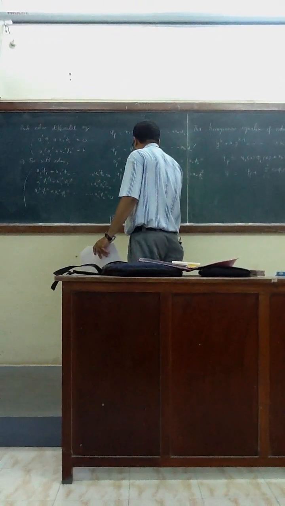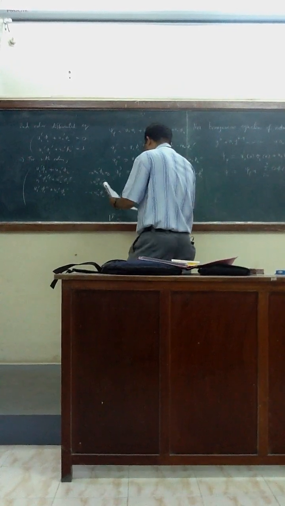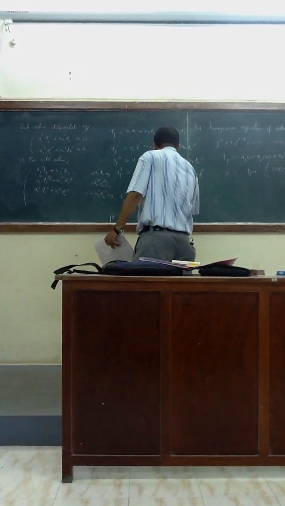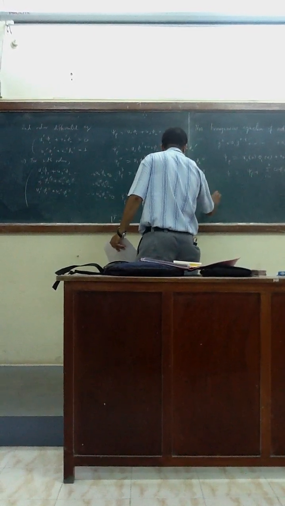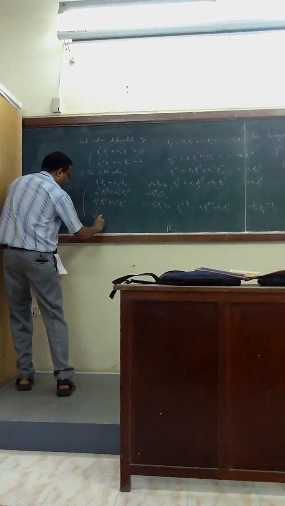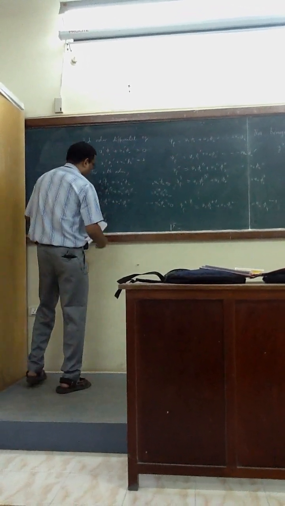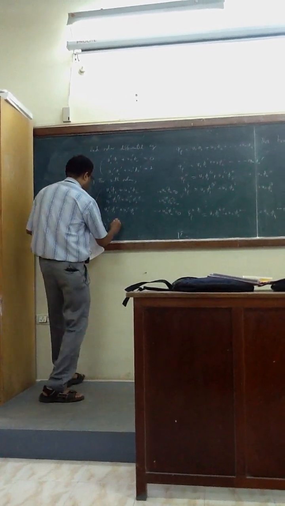So in n minus 1, what will actually happen? u1 phi 1 n minus 1, u2 phi 2 n minus 1, and you get un phi n n minus 1. So we have u1 prime phi 1. For phi p it is n minus 2, right?